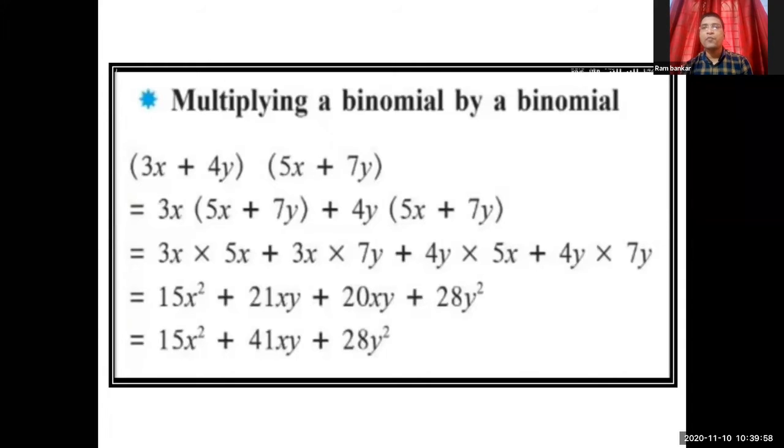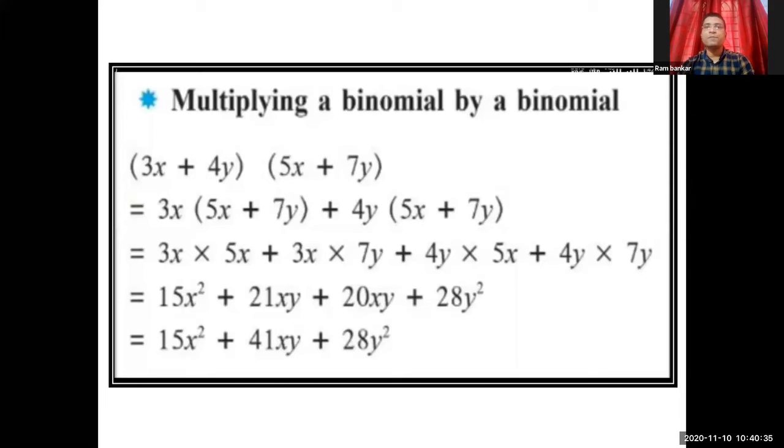4 fives are 20. Variables are different, so we write them as it is, xy, 20xy, plus next is 4y into 7y. 4 sevens are 28y square. In this way, this is the second last step.